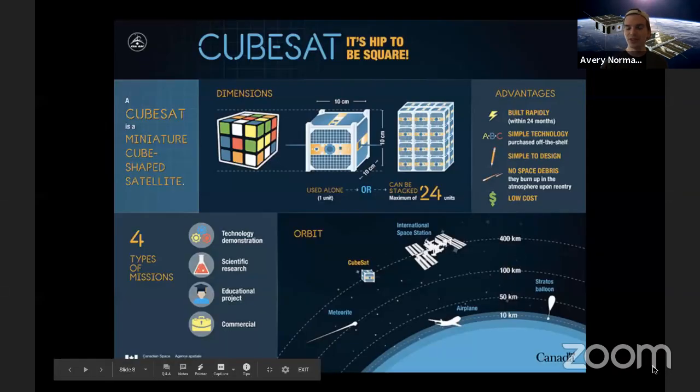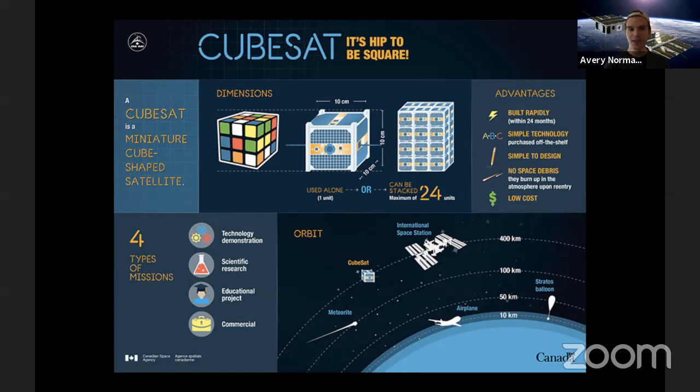What the inventors didn't foresee necessarily is that CubeSats would become a staple in aerospace research and engineering, and has now become a sort of industry standard for engineering processes and exploring outer space. There are a couple of reasons for this. First of all, CubeSats can be built rather quickly compared to larger satellites, generally within 2 years.